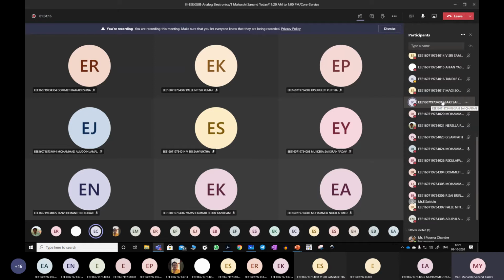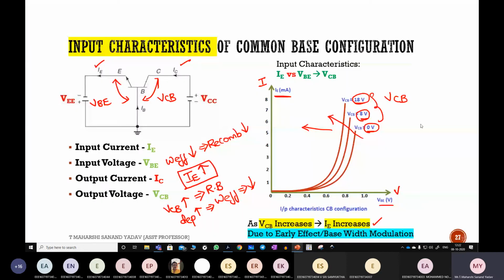Yes, Charan. Can you explain to me about the input characteristics of the common base configuration? Sir, in this, the input current is IE. And the input voltage will be VBE. Output voltage will be VCB. For input, we have to take KVL in the first loop, sir.